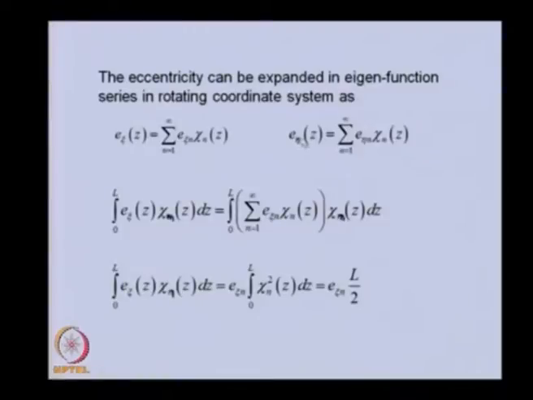Similarly, we can take the second equation and obtain this constant, which will be given as E eta n is equal to this much. We call these the modal eccentricity, and the second subscript n represents which mode this particular eccentricity we are attaching. So these are the nth modal eccentricity in the xi and eta directions.